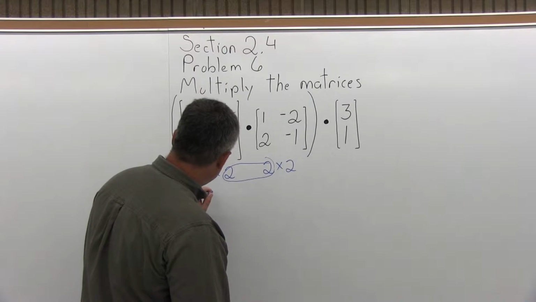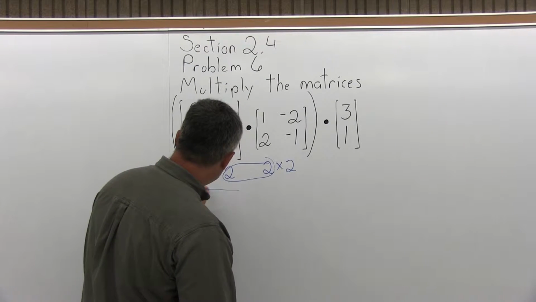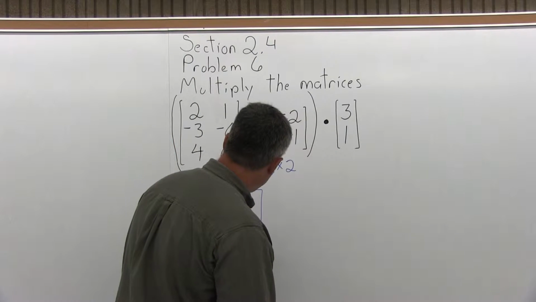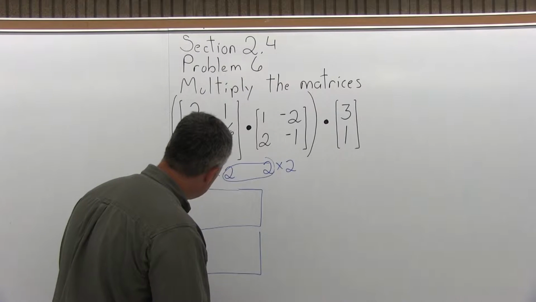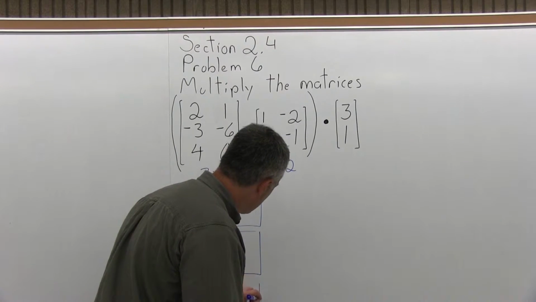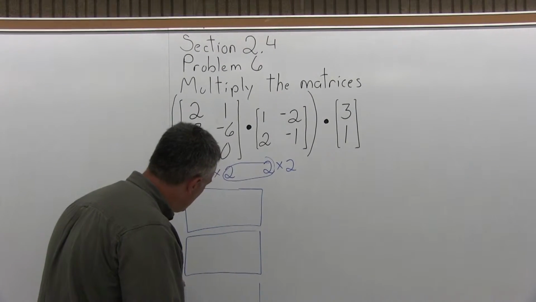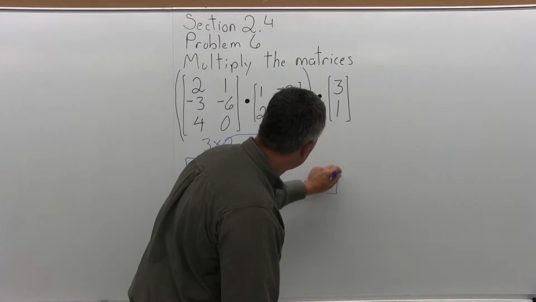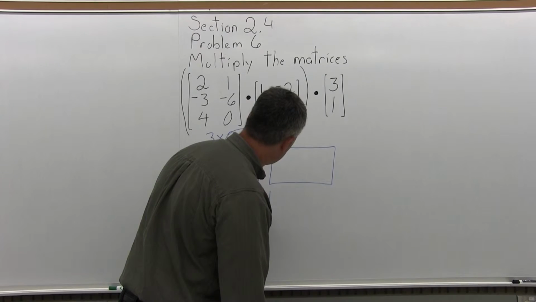So 3 by 2, I'm going to have a matrix with 3 rows and 2 columns. And I'm going to set up 6 boxes in the shape of my matrix to write the work in so you can see where it's all coming from.